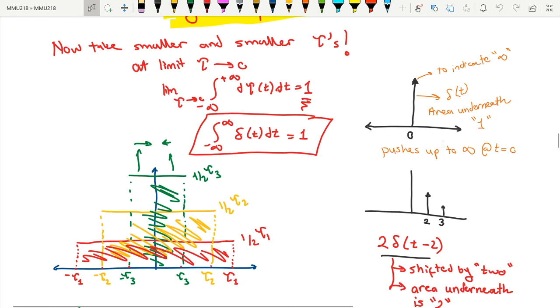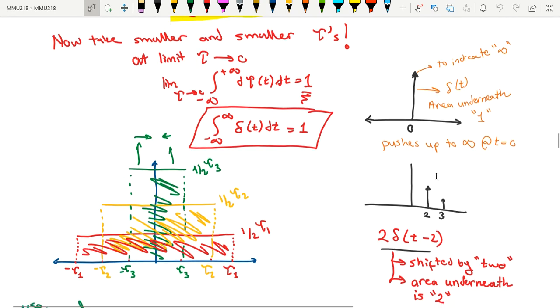If it's defined around 0, it pushes up to infinity. I show the infinity by an arrow here, but the area underneath that delta t function, which I'm now renaming from d tau t to delta t, is always 1.